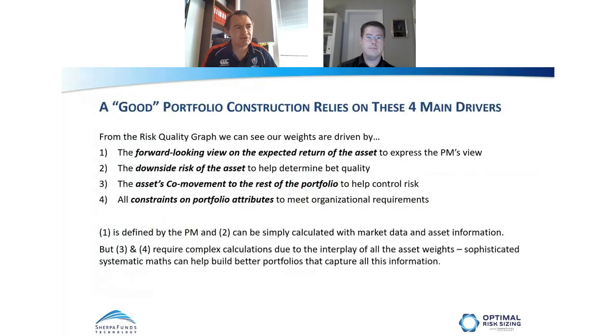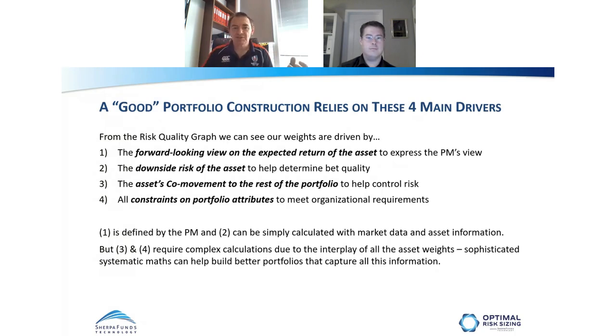So what can you do? Well, we need to solve this, let's call it, and I use the word factor hesitantly, 4-driver problem. The 4 drivers being the forward-looking view of the asset, the riskiness of the asset, how badly the asset could hurt you, the co-movement, how the asset's downside plays with the downside of the rest of the assets in the portfolio.